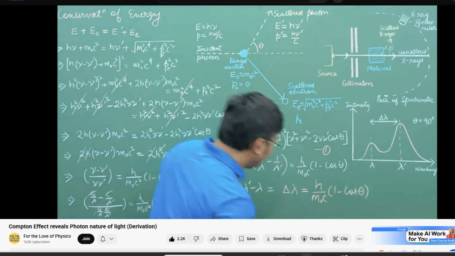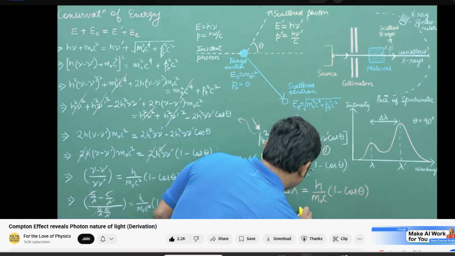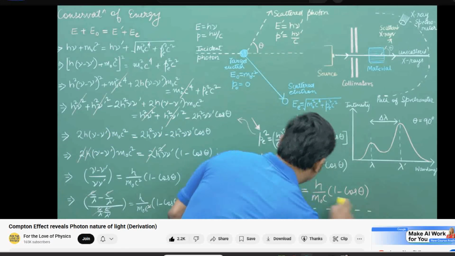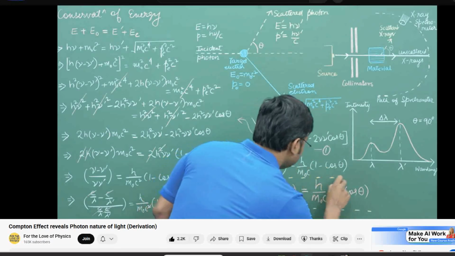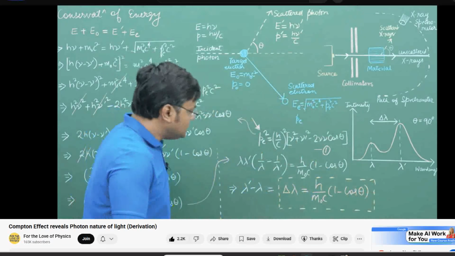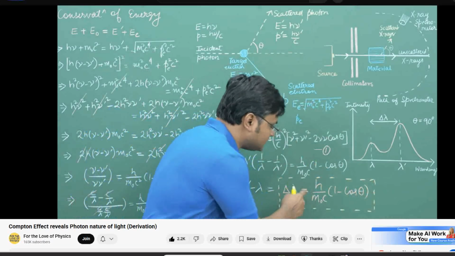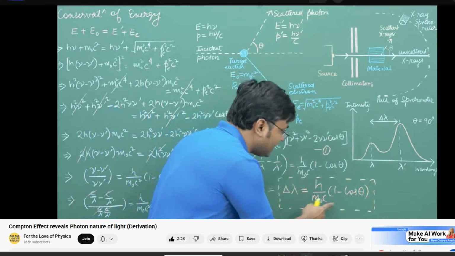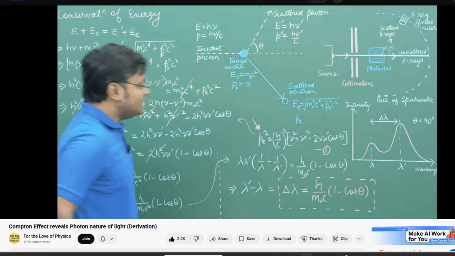So essentially we finally have this expression now for the wavelength shift: the wavelength shift is equal to h upon m naught c times 1 minus cos theta, where h is the Planck constant, m naught is the rest mass of the electron, c is the speed of light, and theta is the scattering angle.